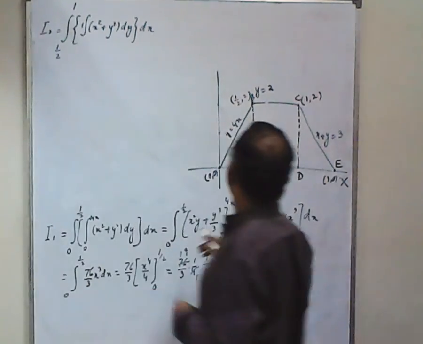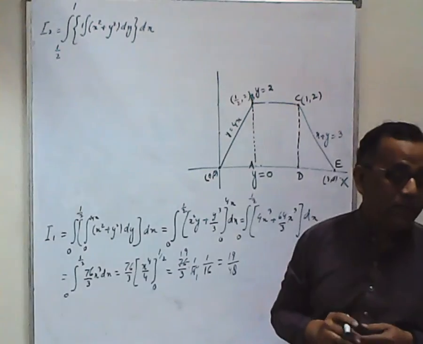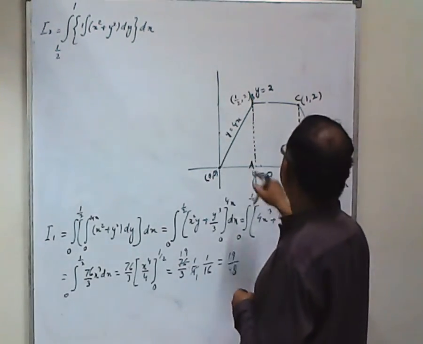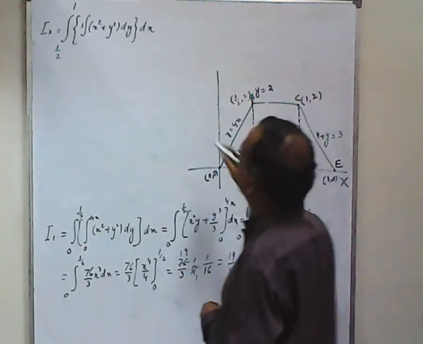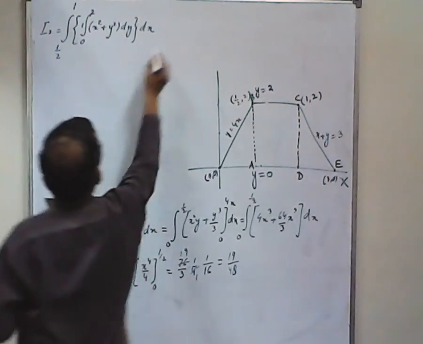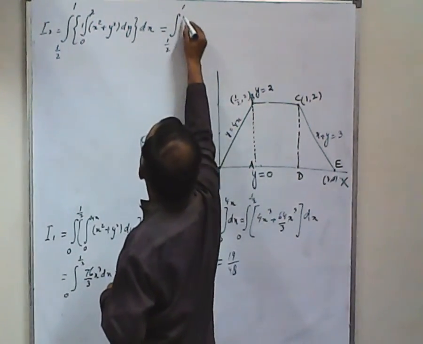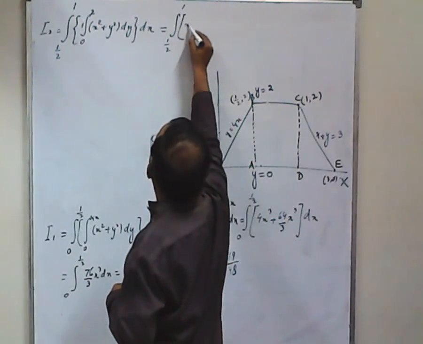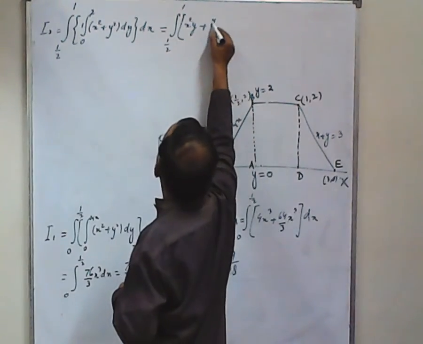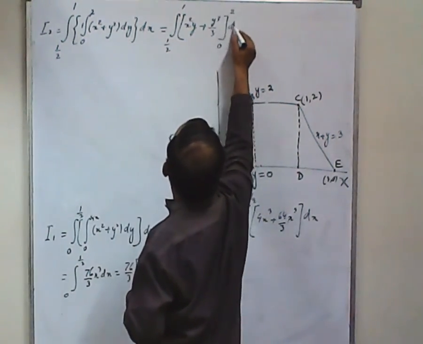The values of x are from half to 1, and the values of y will be from 0 to 2. So this will be equal to half to 1, and then we have x square y plus y cube upon 3, and limits are 0 to 2 dx.